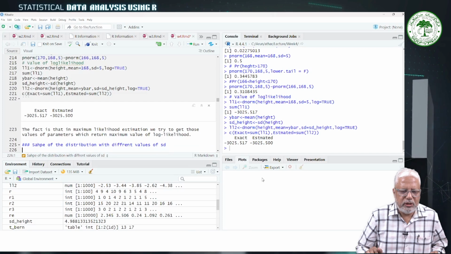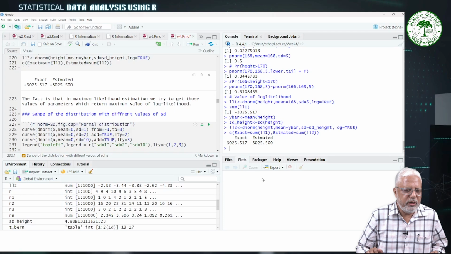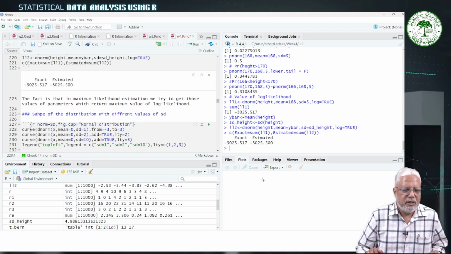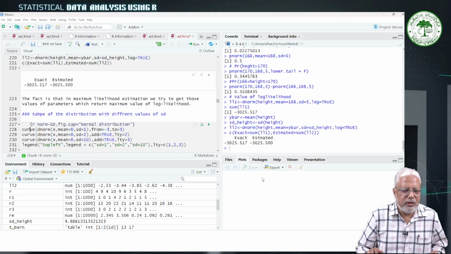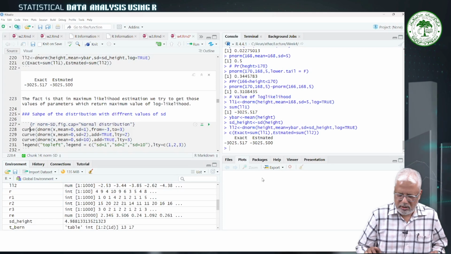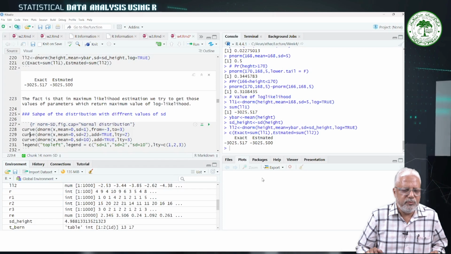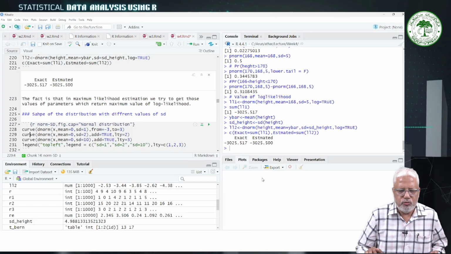Shape of the distribution with different values of SD. What will be the effect on the shape? For example, curve(dnorm(x, mean=0, sd=1), from=-3, to=3). Then on the same plot we want curve(dnorm(x, mean=0, sd=2)).